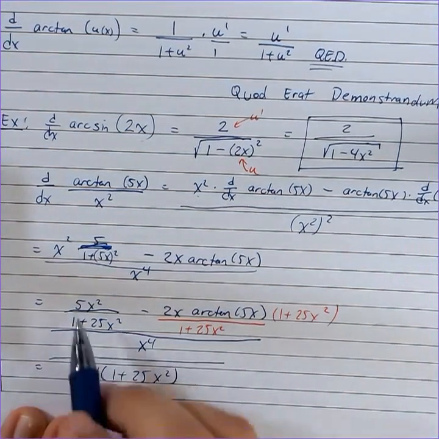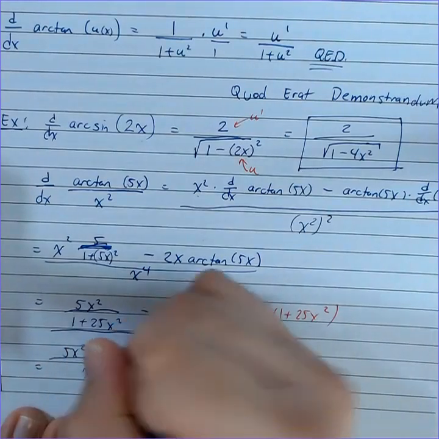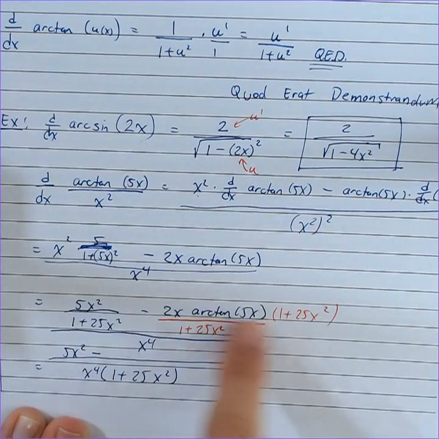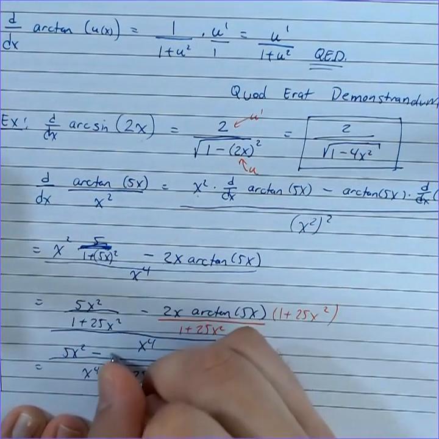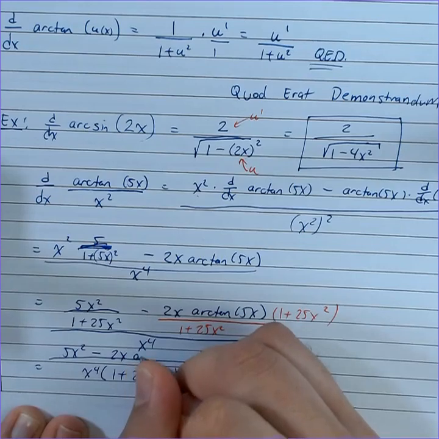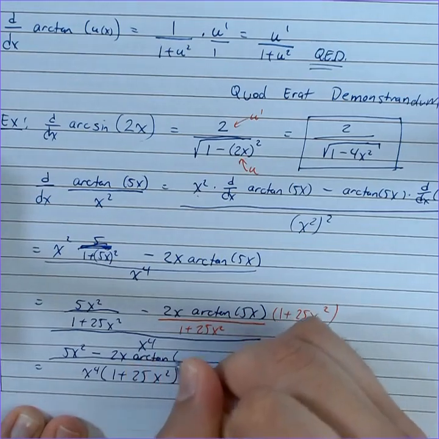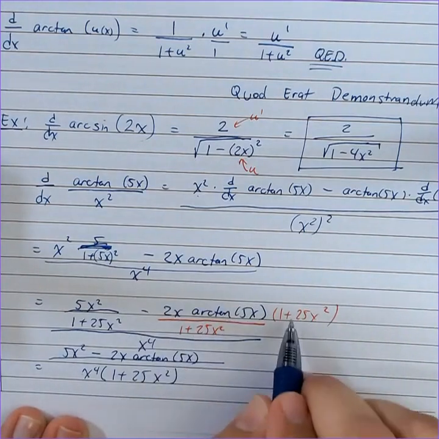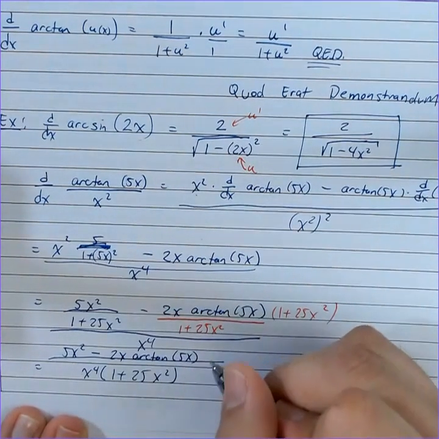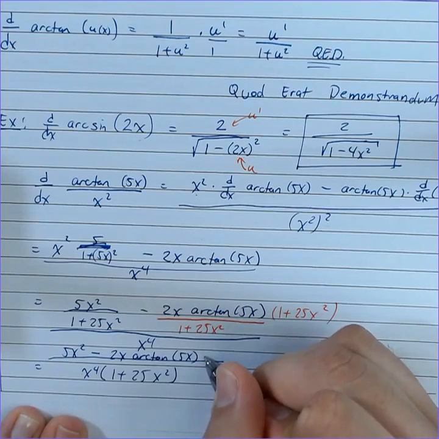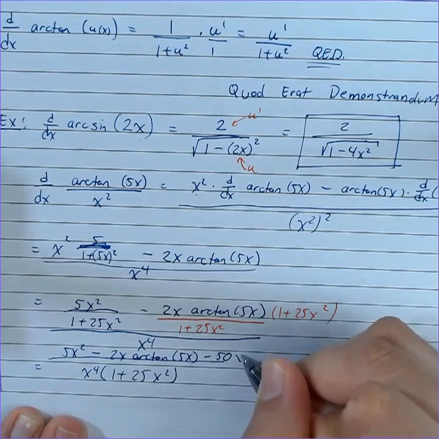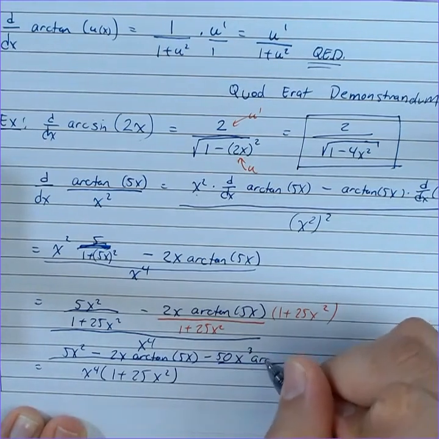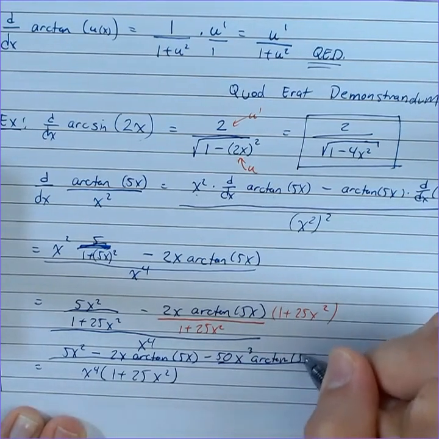And our numerator is going to be 5x squared minus, if we distribute that, 1 times that, which just stays 2x times the arctangent of 5x. But now negative 2x arctangent of 5x times 25x squared will give us negative 50x to the third power times the arctangent of 5x.